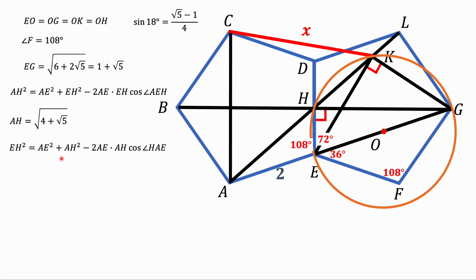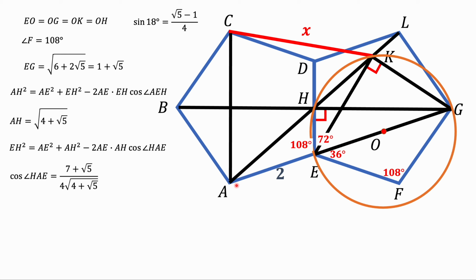Notice we know everything here except for cosine of angle HAE, this angle. So we can use this expression to find cosine. And that's what we're going to get if we do this. Now we know this angle. And what we're going to do, we're going to use this value for both finding the angle CAK and also for finding AK itself. So let's start with AK.